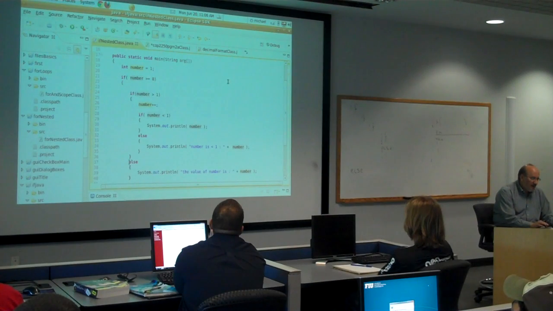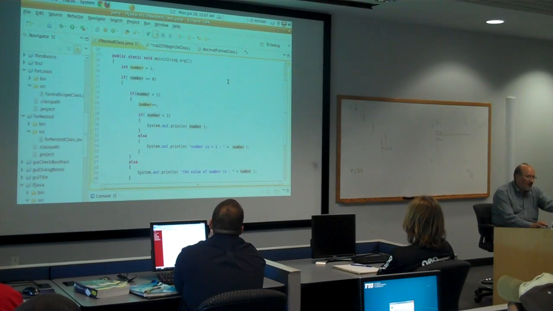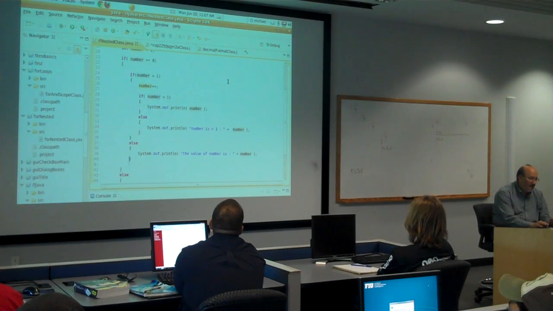So what's going to happen here? So it says if the number is greater than 1, it's not, then it's going to go ahead and do this else over here. Right? Let's see if it's true. So that should print what, a number 1, right?